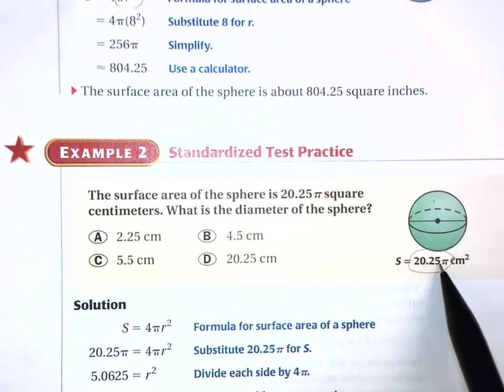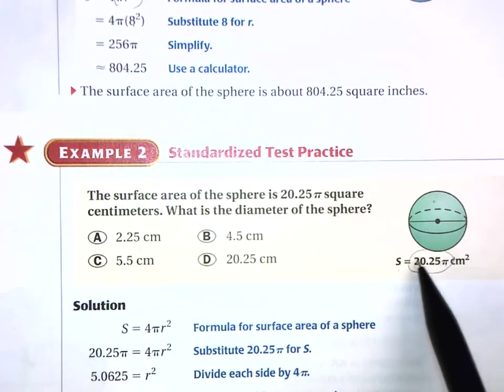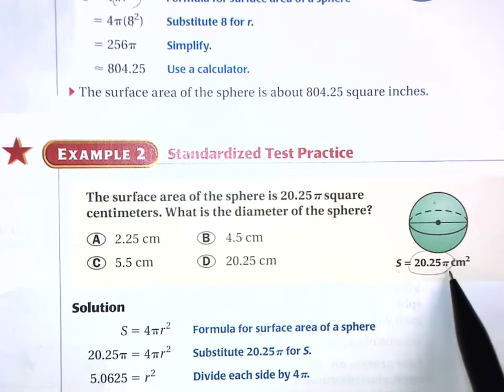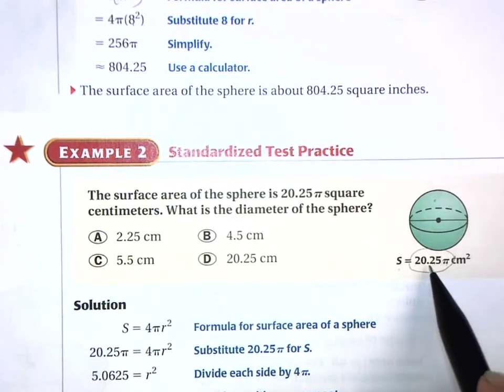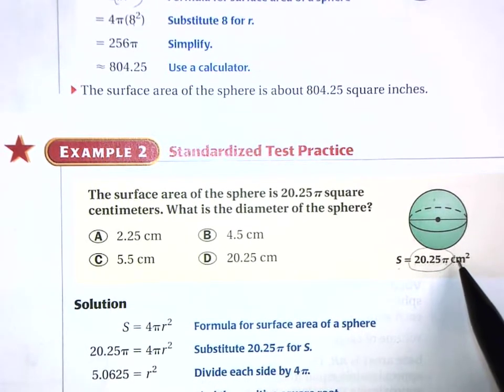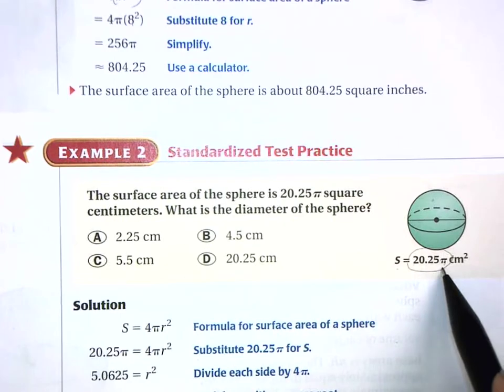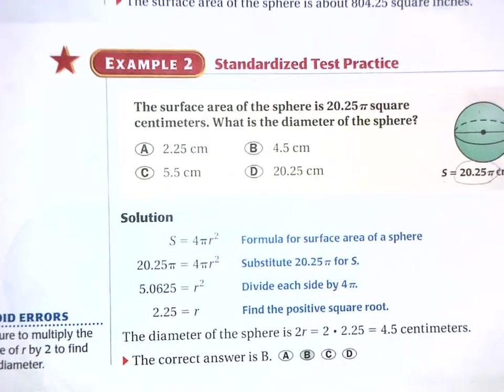It is 20.25 pi centimeters squared. So that is a number. In fact, that's a perfect number because it still has pi there. Whereas if you were to multiply 20.25 times pi, then you'd have to round it. So that's a nice clean number, and that is the value of our surface area.